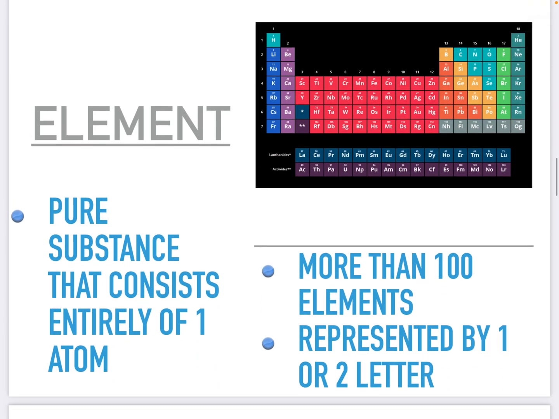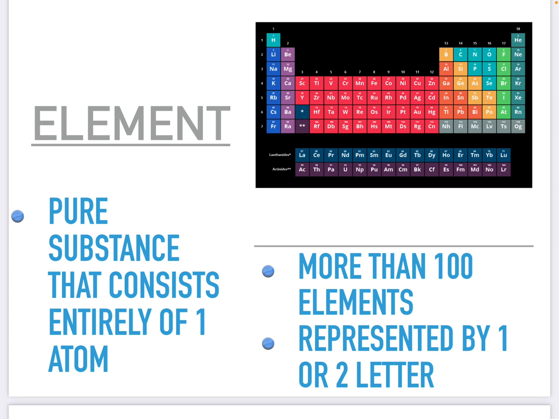Now, atoms are the smallest unit of an element, and elements are represented here in the periodic table. You have things like hydrogen, helium, gold, oxygen, fluorine, and neon, and all of those are unique in the number of particles in their atoms. There are over 100 elements, and they're usually represented by one or two letters.